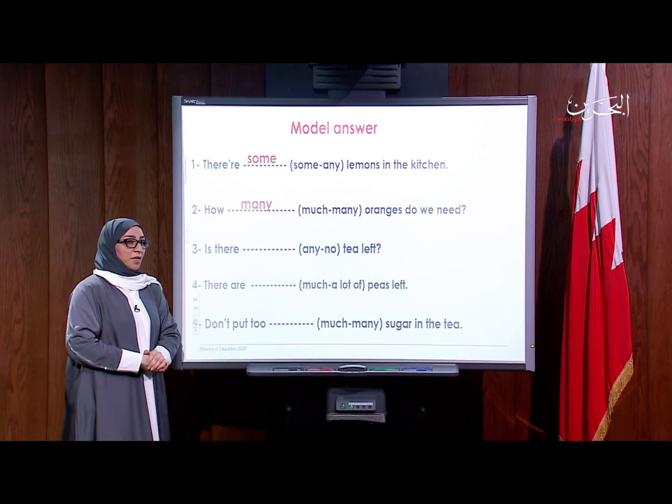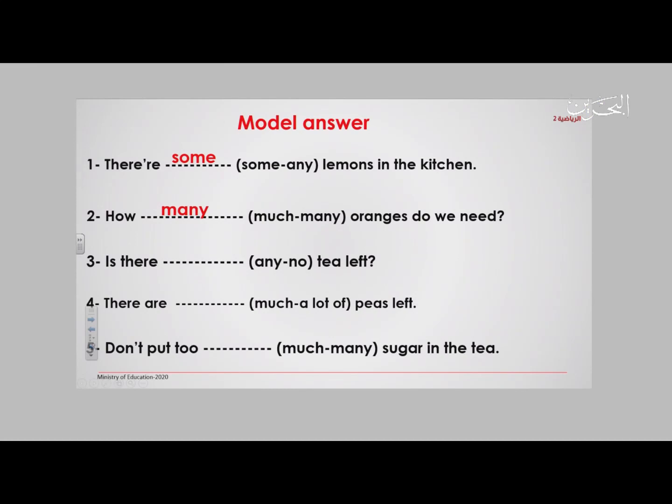How many oranges do we need? Why not much? Because orange is countable. Excellent. Let's go to number 3. Is there any tea left? Why any? Because it's a question. I use any with a question.